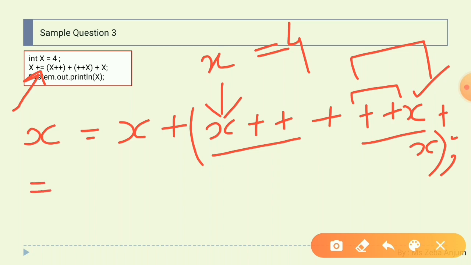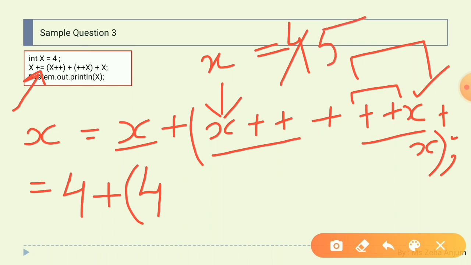So let us try to write down the values. Initially x is holding what? x is holding 4. Yes, so x++ means firstly you are going to use the value, then afterwards you are going to increase the value. So initially our value was 4, we will write 4 over here, and we are going to increase the value by 1, that is 5.